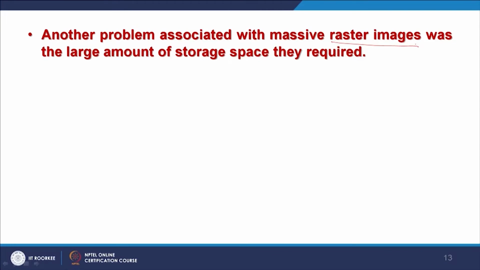Another problem which we witness is large image sizes. Now we are going for higher and higher spatial resolution, and therefore our image sizes are becoming larger and larger. Another thing is, when we started remote sensing, we had only 4 bands, for example Landsat MSS.